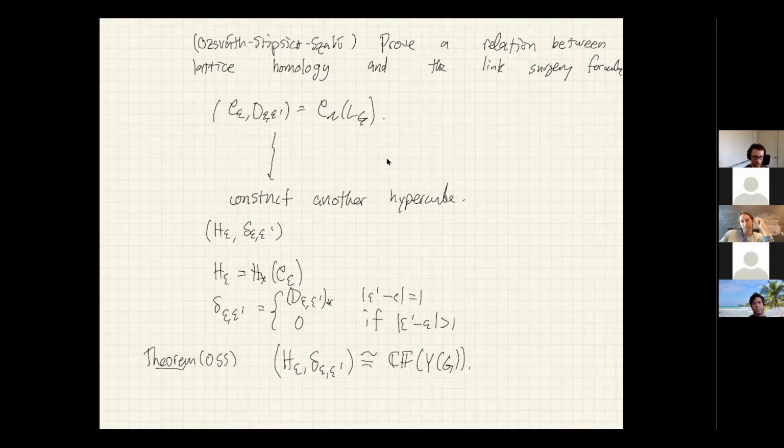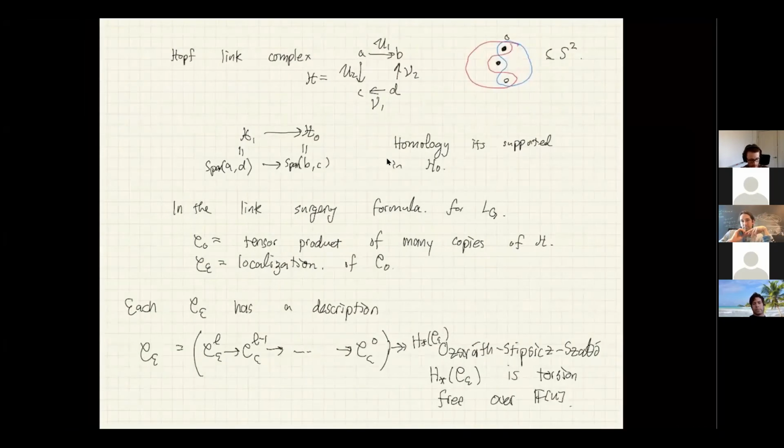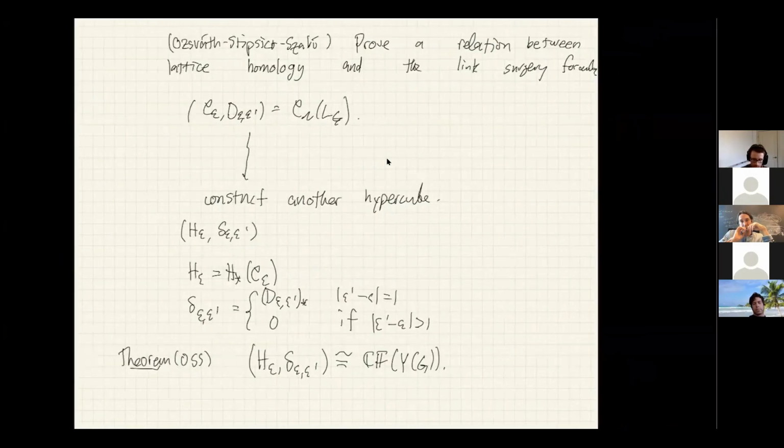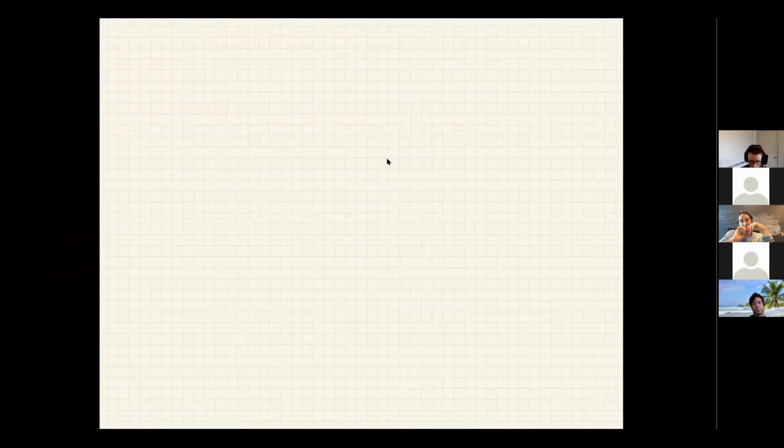And so basically the way my proof goes is that I prove this connected sum formula, and then what you can do is define a map.